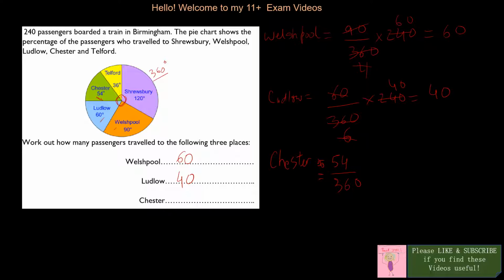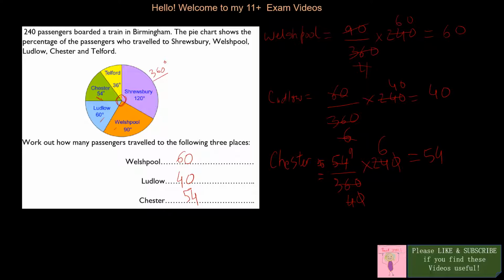Chester is 54 out of 360 multiplied by 240, so that is equal to, now 9 times 6 is 54, 9 times 40, so I get 60. 40 times 6 is 240, 9 times 6 is 54, so I will get 54.